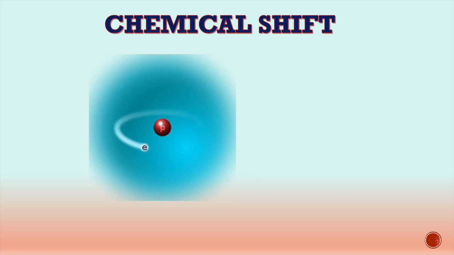So when this electron is moving in the presence of the external magnetic field, which is B naught over here, this circulation generates an induced magnetic field. The circulation of electron about the proton generates an induced magnetic field.